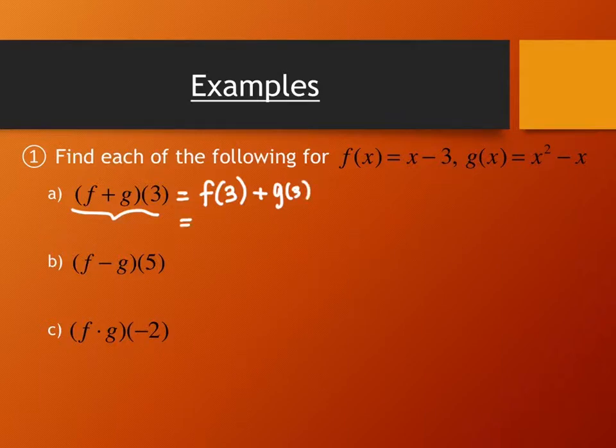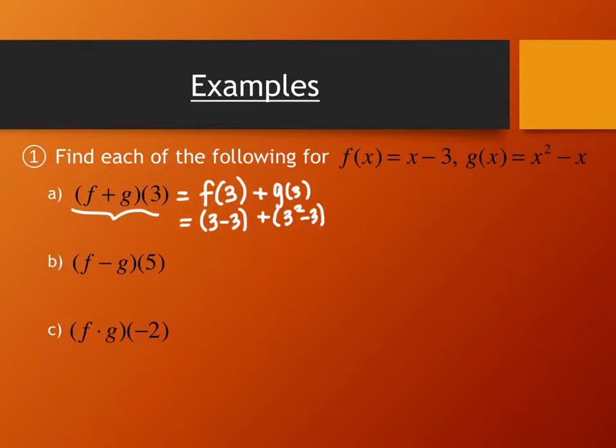So taking a look at your function f of x, which is x minus 3, if I were to plug 3 in for x, it would look like 3 minus 3. And if I were to take the function g of x and plug in the 3, it would look like 3 squared minus 3.